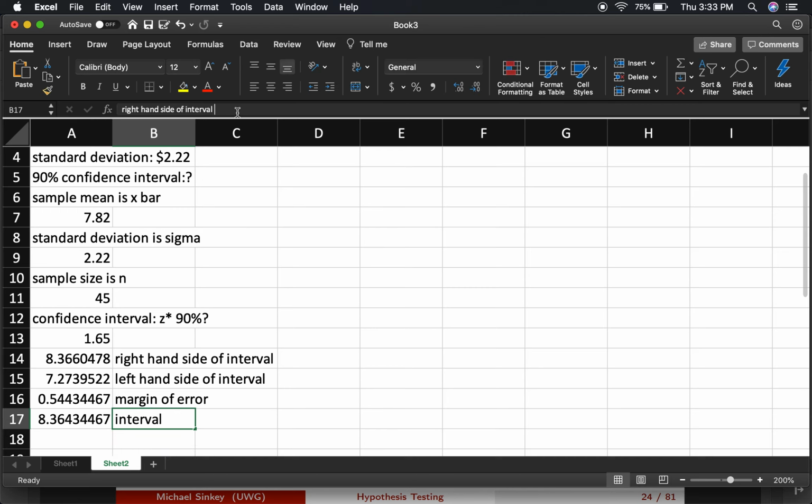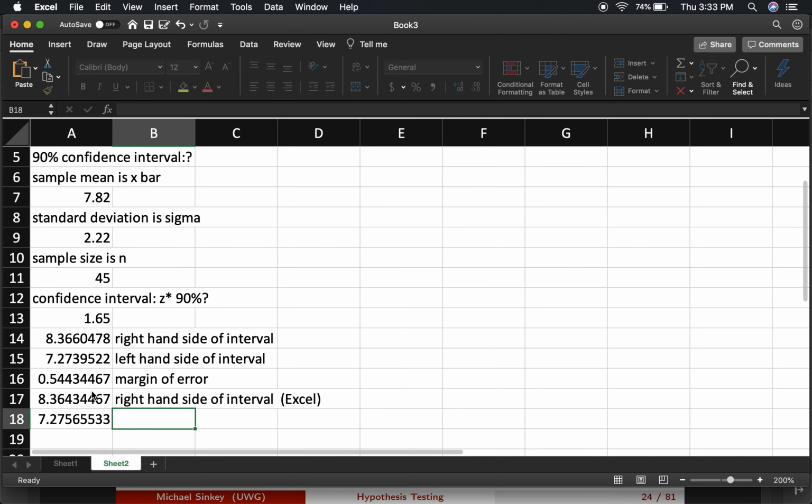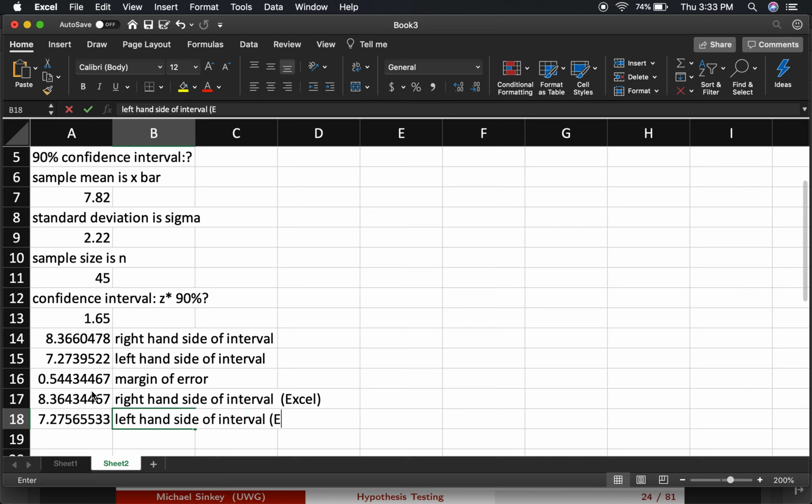And I can do the same thing to get the left-hand side.